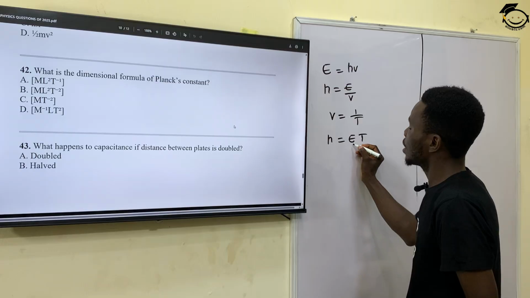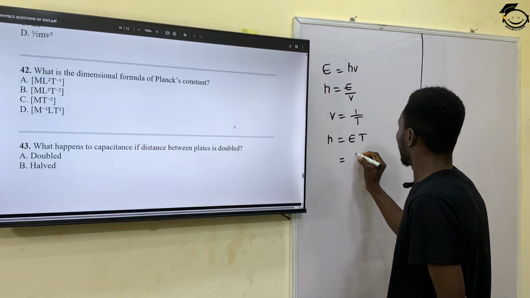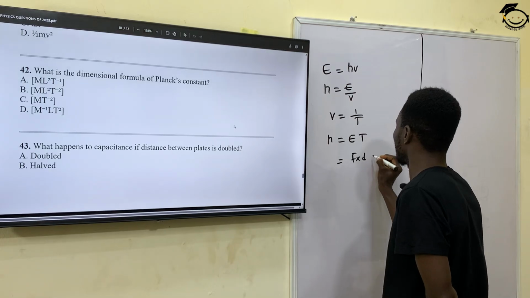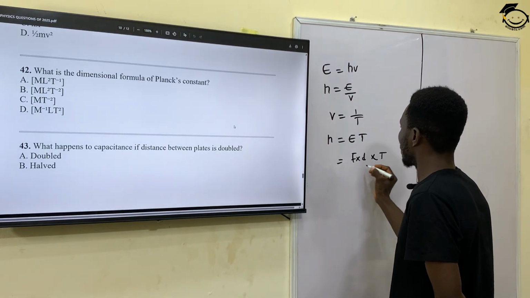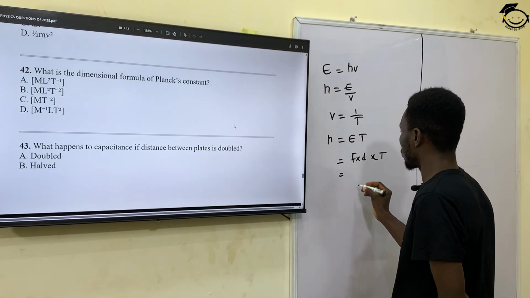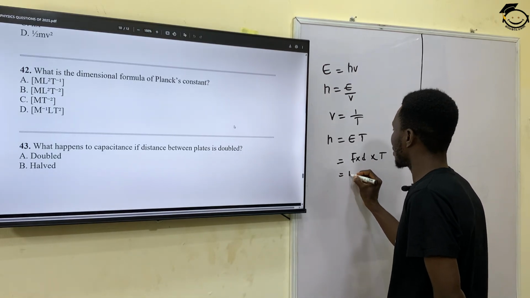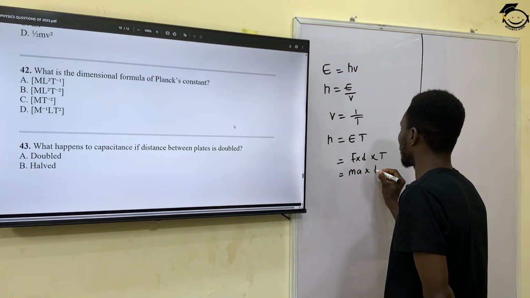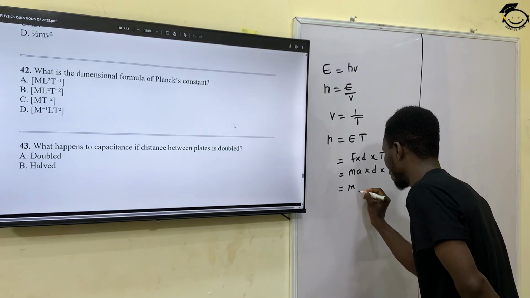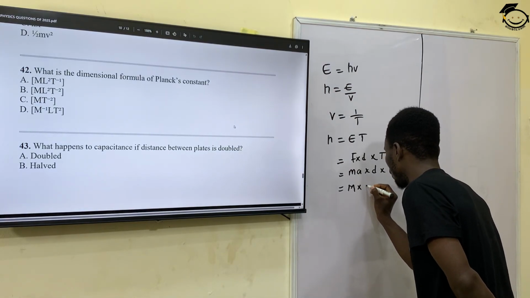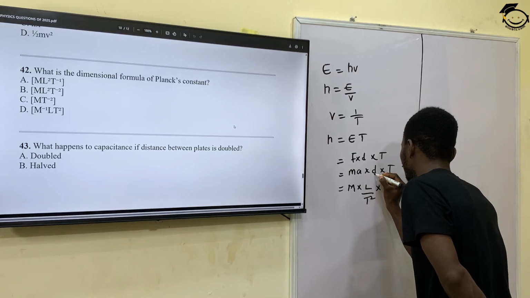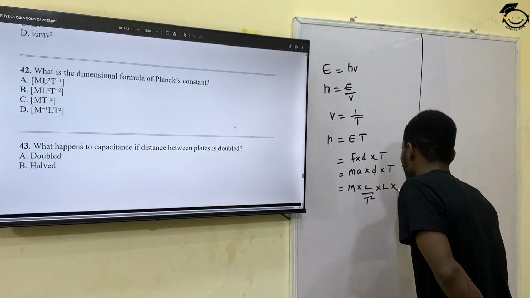Our energy here is force times distance, so we have force times distance times time. My Planck's constant is equal to force, which is mass times acceleration, times distance times time, which is mass times acceleration, which is length over time squared, times this distance here, which is length, times time.